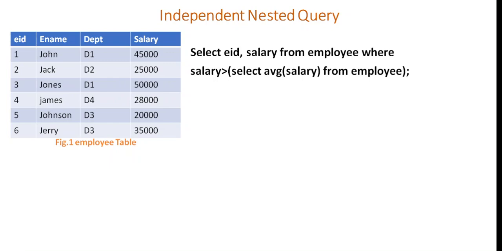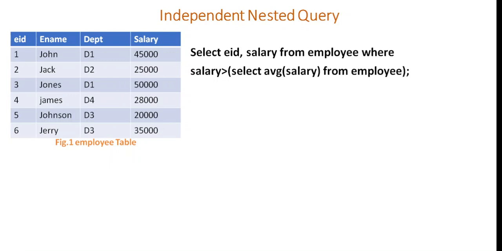When you write this query, at the time of execution, first the system will execute the inner query, that is select average salary from employee. It is an independent subquery, and it will get executed only once.